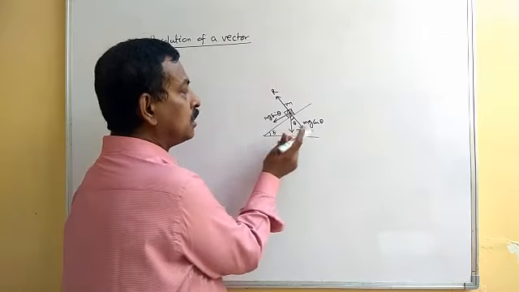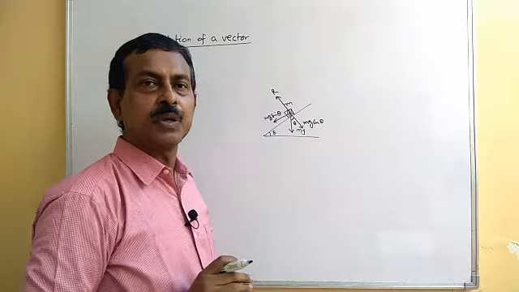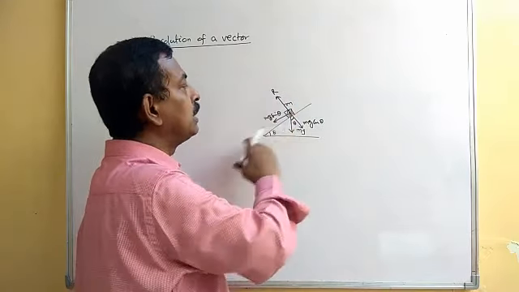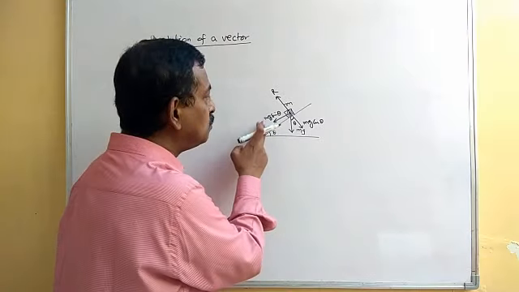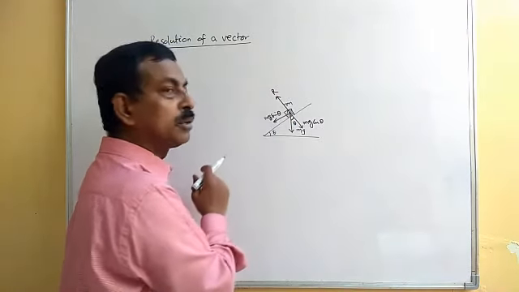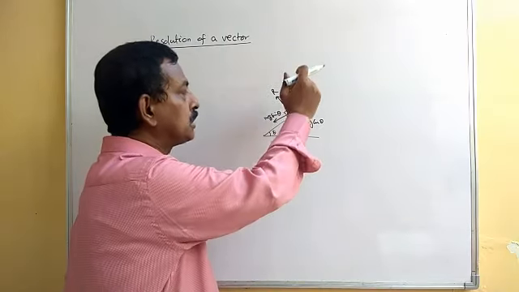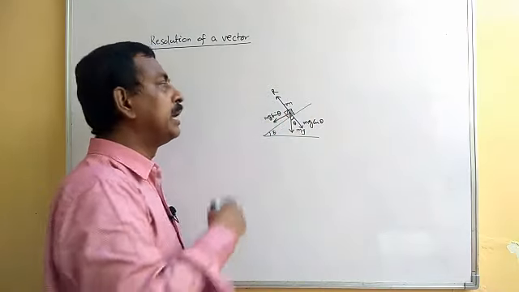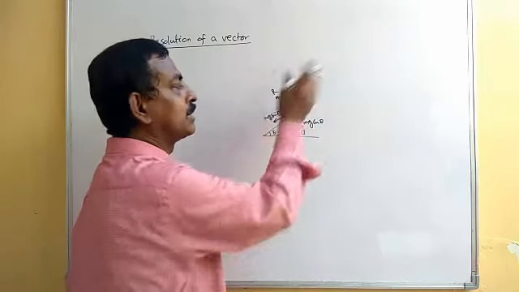So here you can see that R will be equal to mg cos theta. So you can get the equilibrium of the body in the direction perpendicular to the inclined plane. Whereas mg sine theta will be the component of the weight down the inclined plane. If this is a frictionless surface, the body will move with this force. If friction is there, in that case there will be a force of friction acting in the opposite direction.